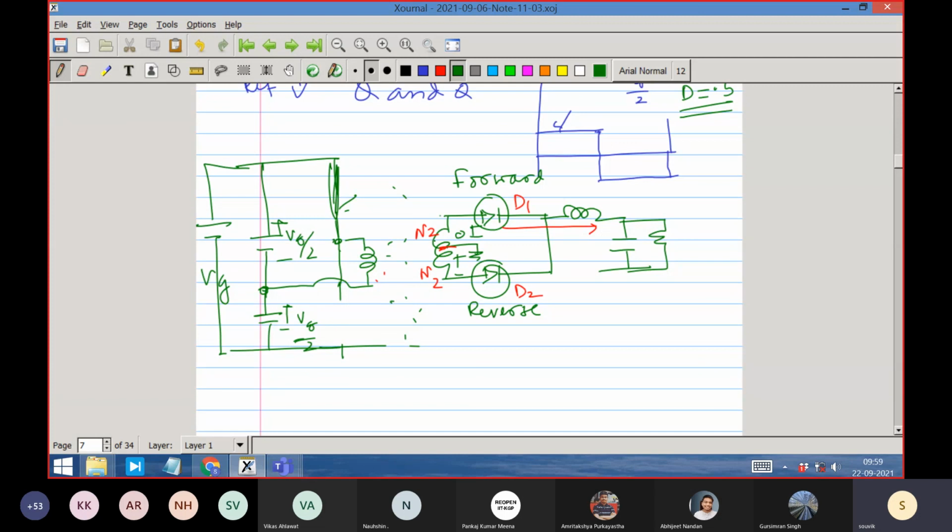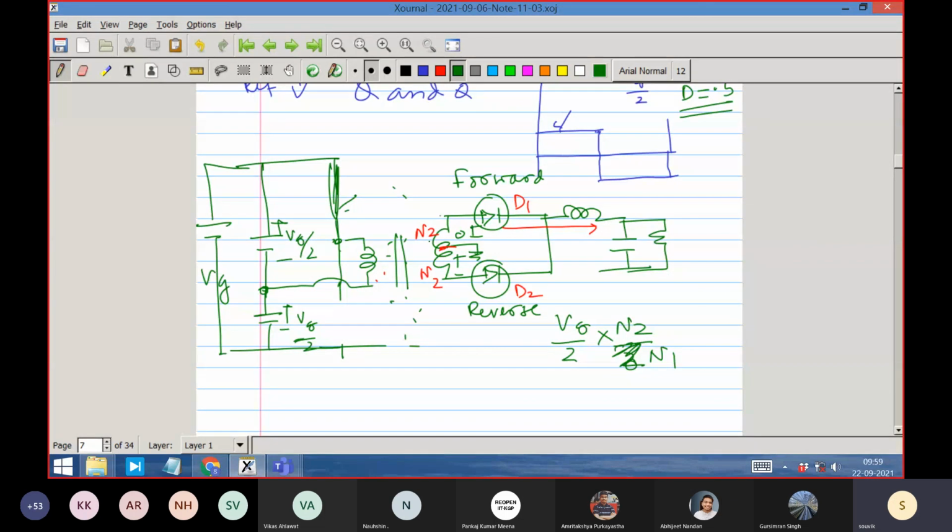So the voltage across it is VG by 2, and this is coupled. So the secondary side voltage is VG by 2 into N2 by N1, not N2 by 2, because every split part is at N2. Every small part, this is a center tap transformer.